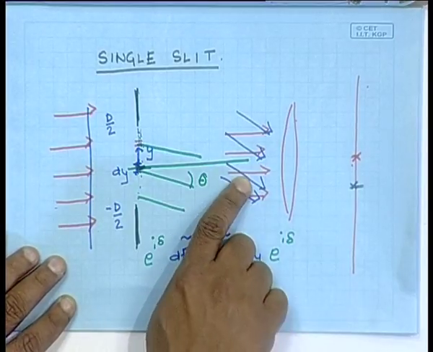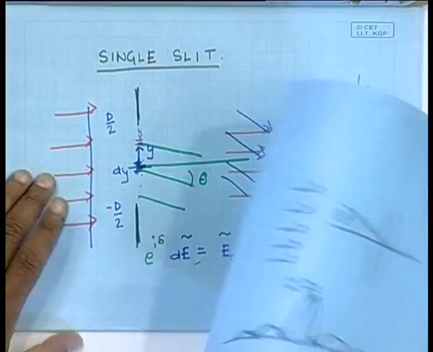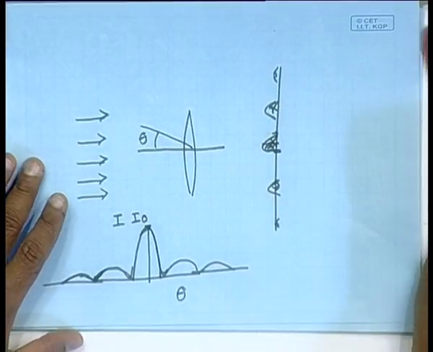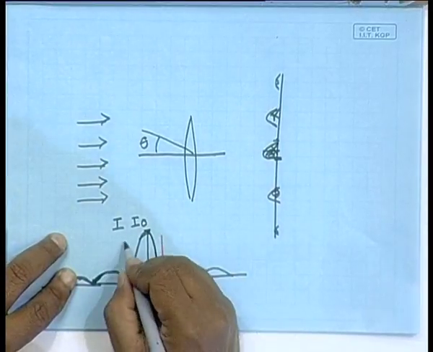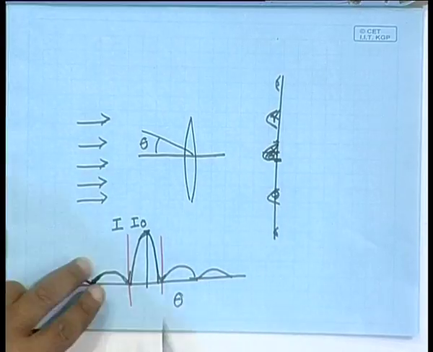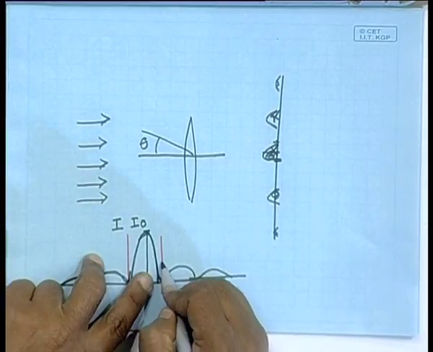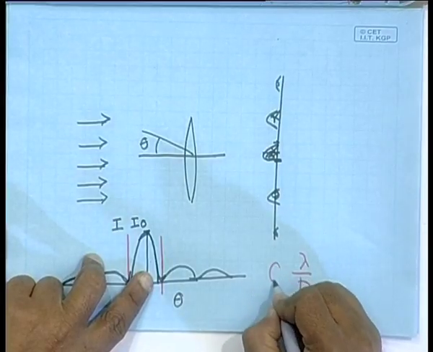Let us ask the question, what is going to be the spread in directions? You may think of it as being this much. The first 0 occurs at theta equal to lambda by d.